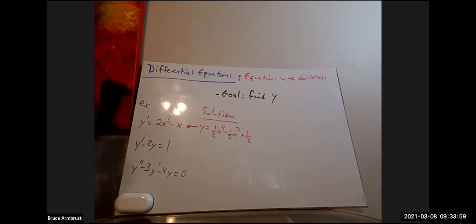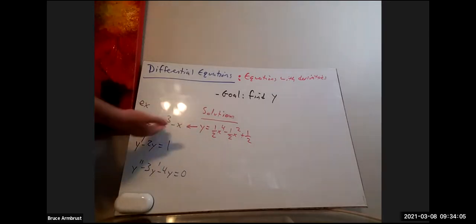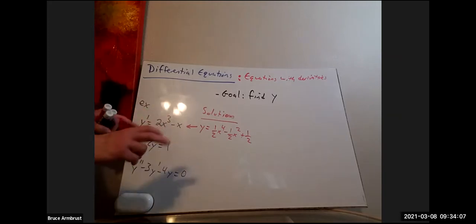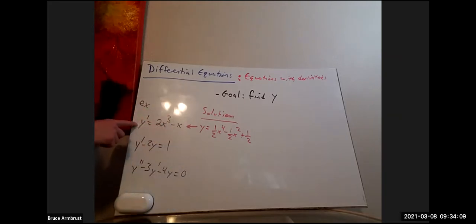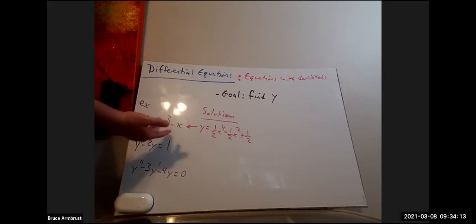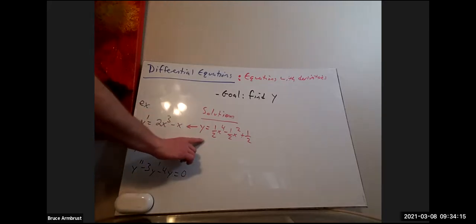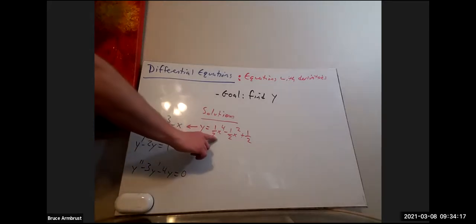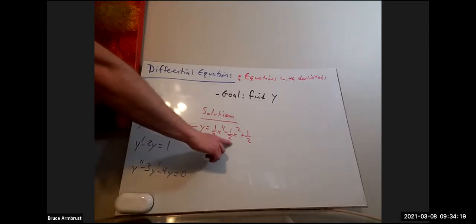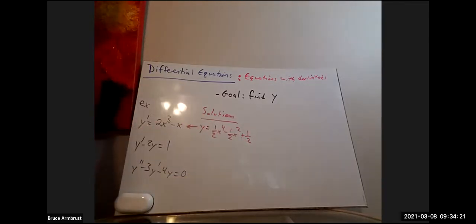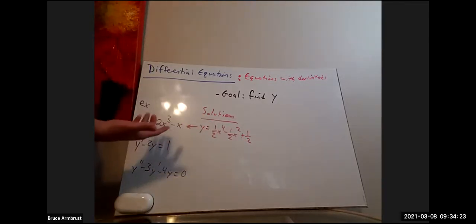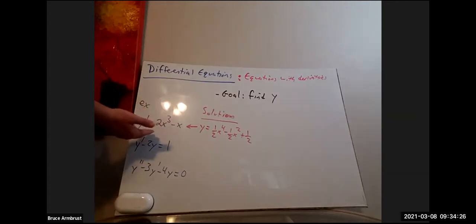That's a solution to this guy, and you can see that just by plugging it in. Plugging it in means find the derivative and see if we get truth. Well, the derivative of this would be 2x cubed minus x plus 0. So therefore, it is a solution to this guy.